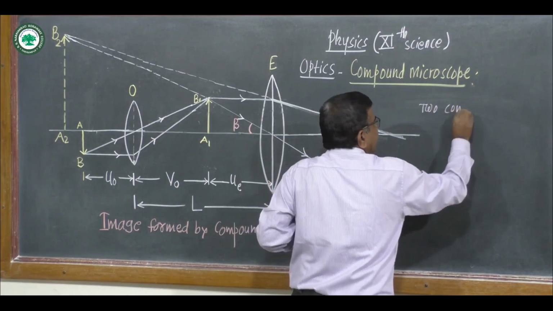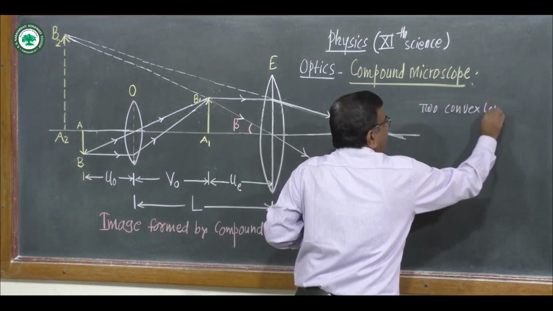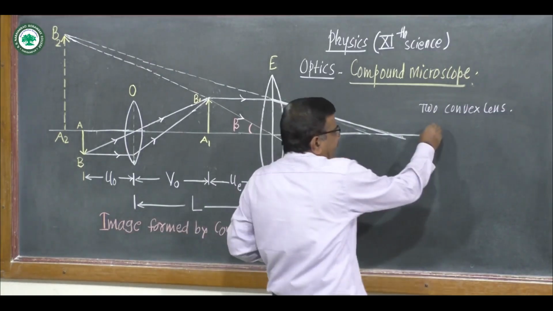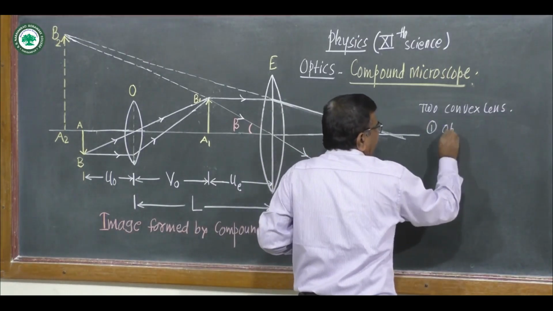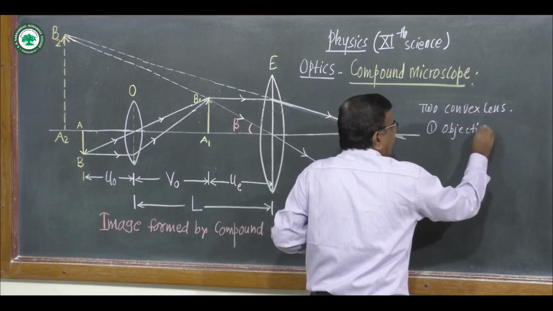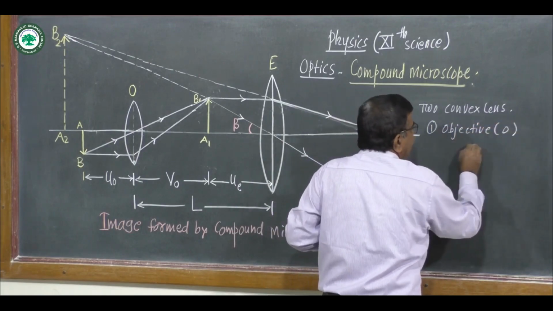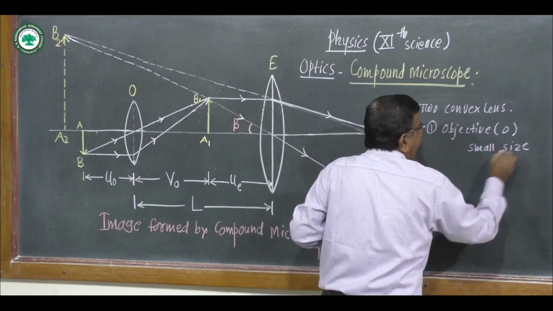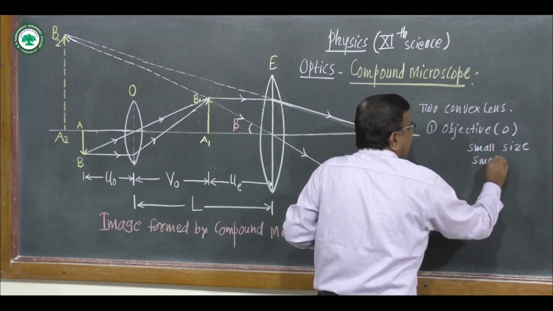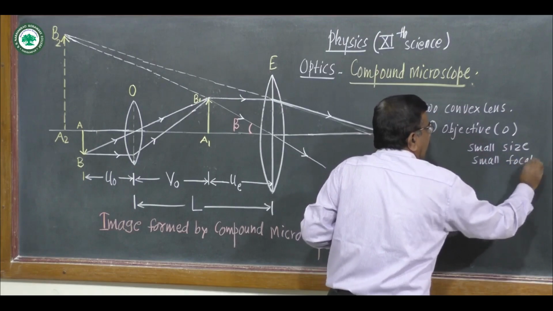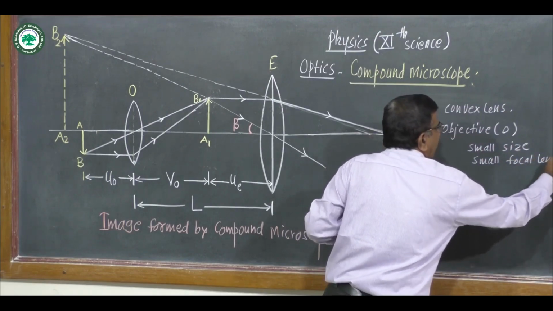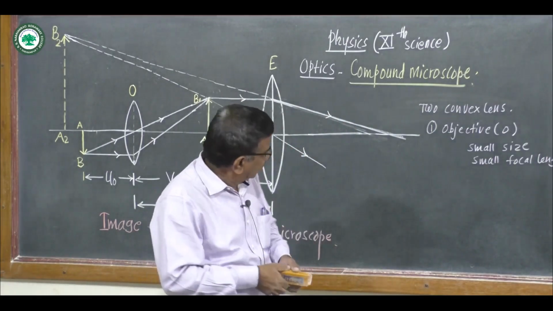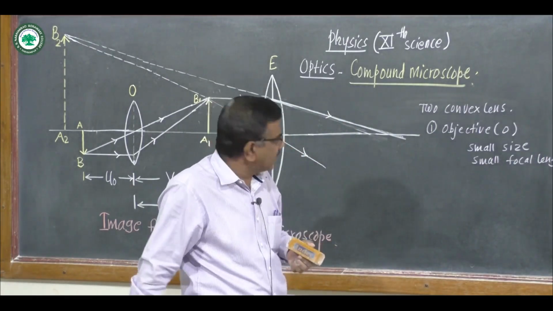One is called the objective, denoted by O, having small size and small focal length. This convex lens is called the objective. The size of the objective is small, and the focal length of the objective is also small.